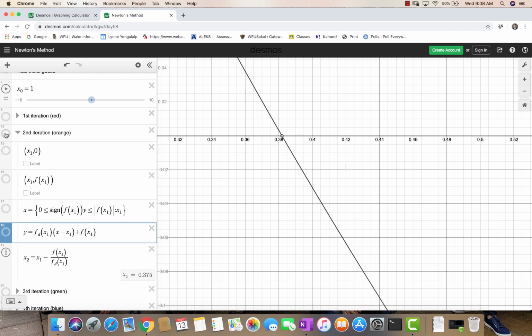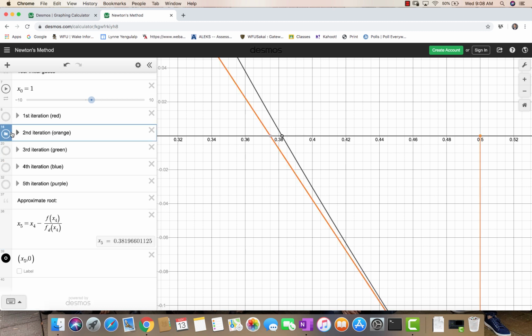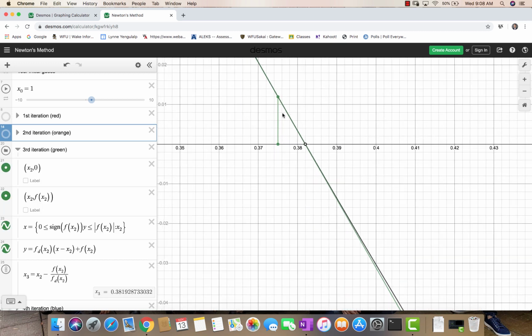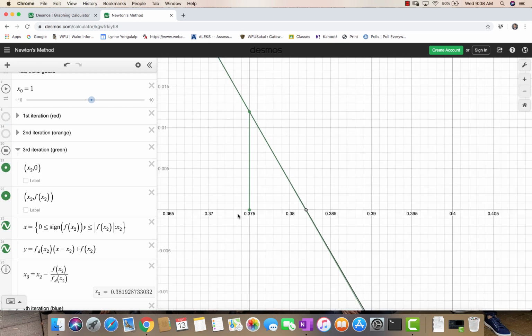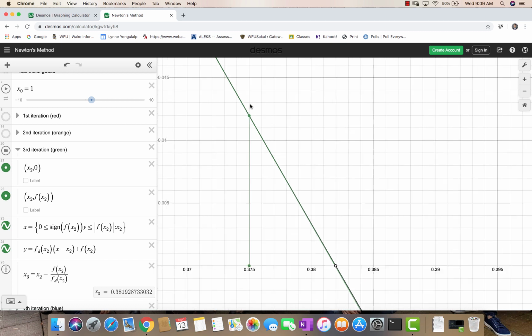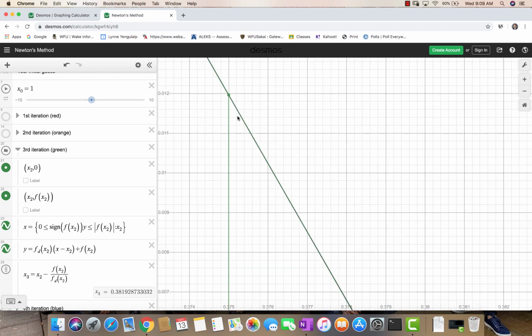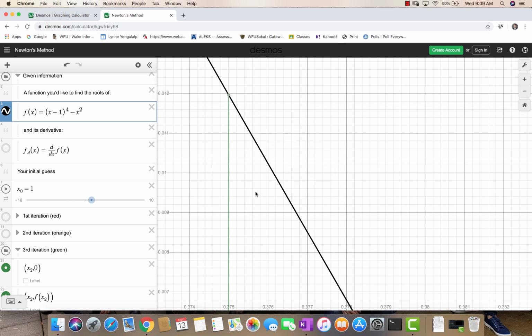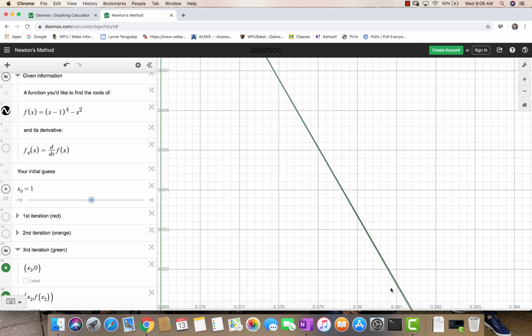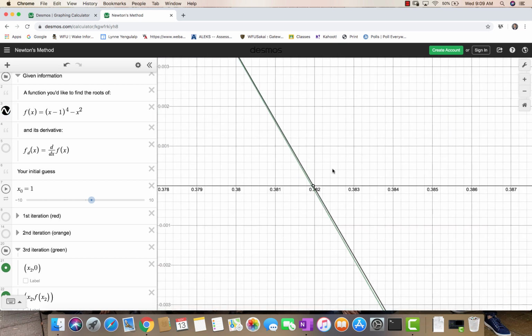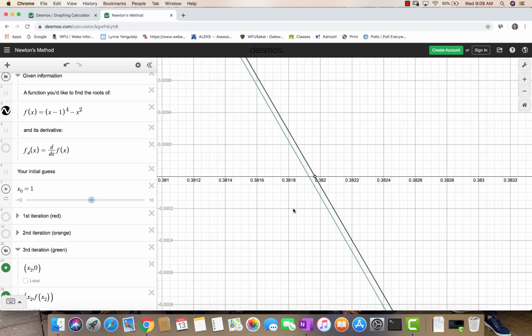And we can go further. If we want to do the third iteration, then we compute the linearization of the function at 3/8. It's really hard to see a distinction between that tangent line and the function. But if you come down here, you can see they slightly diverge.